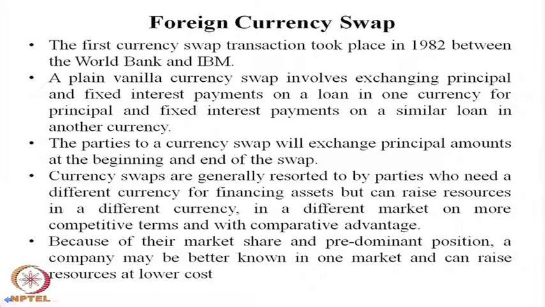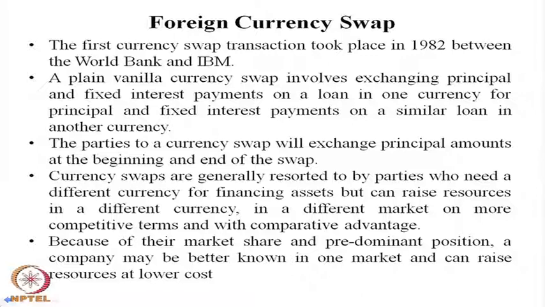Here the underlying asset is currency, two different currencies, and the basic payments are the principal exchange and the interest payment exchange, denominated in two different currencies. That is the basic transaction process of a currency swap.